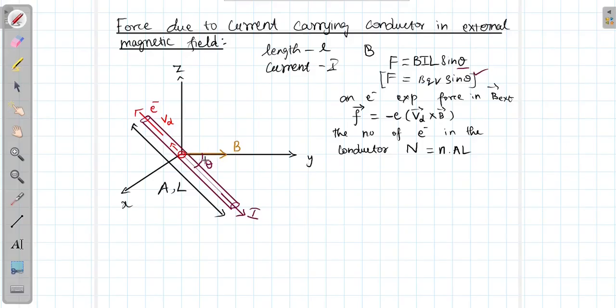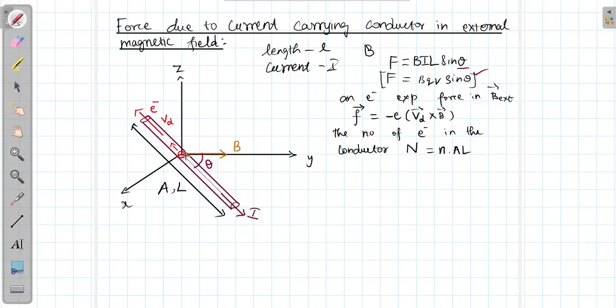When it is placed in the magnetic field, as a whole material, as bulk matter, it experiences a force. So all the electrons will experience force in the same direction. As a result, the entire conductor will move in the direction of F. This is the result of all the electrons experiencing the force.